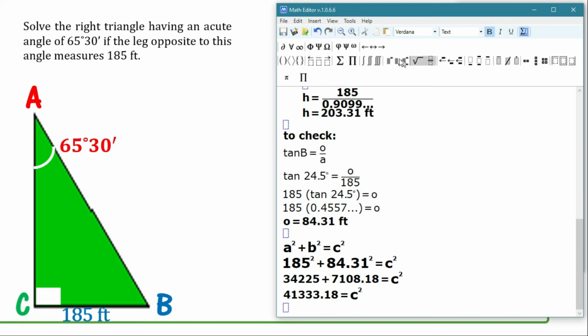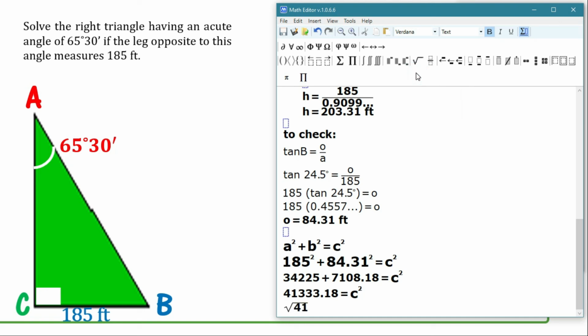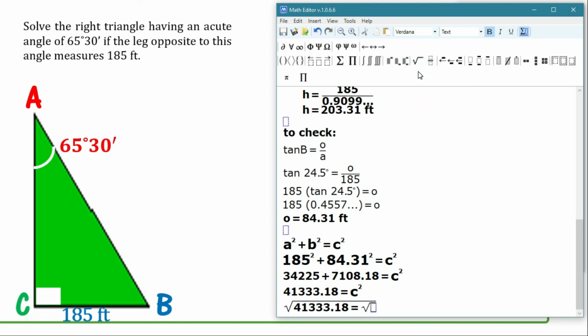Since c lang naman yung hinahanap natin, para ma-eliminate natin yung exponent, what we're going to do is to extract the root of both sides. So, that's gonna be equivalent to the square root of 41,333.18 equals the square root of c square.